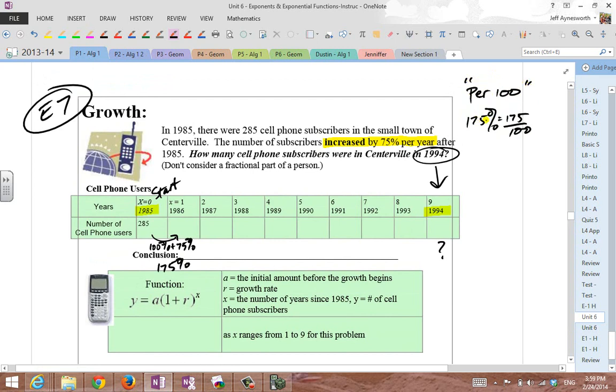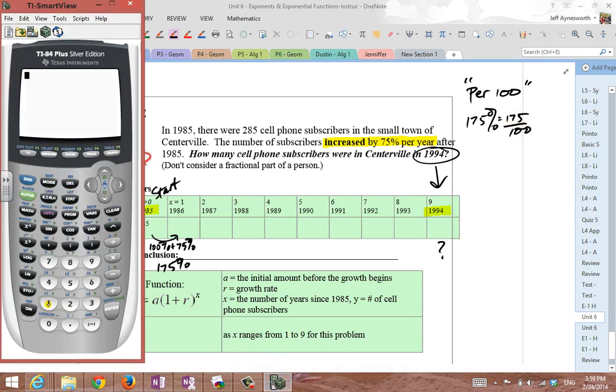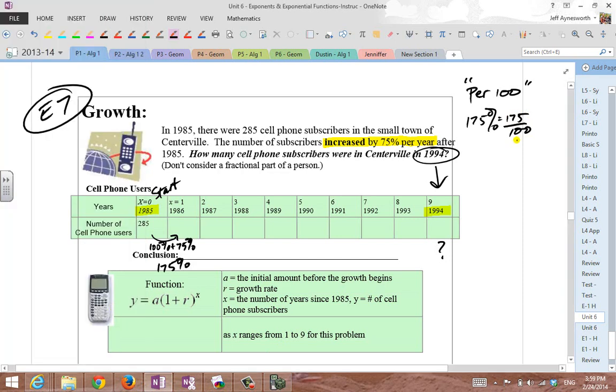So if I want to convert 175% to a fraction, I go 175 per 100, and as a decimal, you can shift the decimal place 2 times to the left and get 1.75, or you can learn from your calculator and grade school that we take 175 divided by 100, the decimal shifts 2 places to the left, and you get 1.75. So 175% is 1.75 as a decimal. I'm going to put that down right here, 1.75.